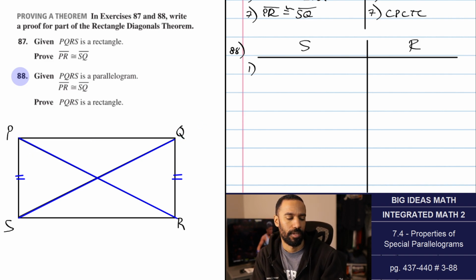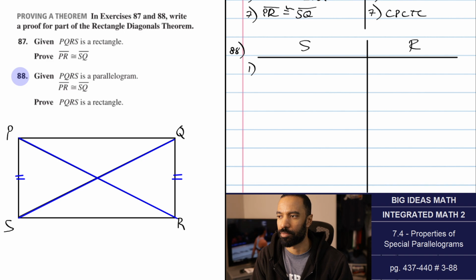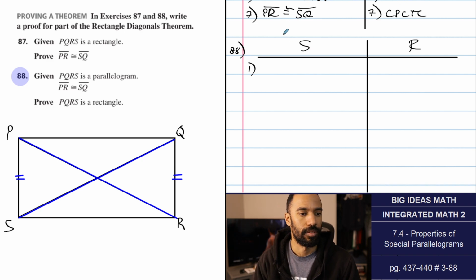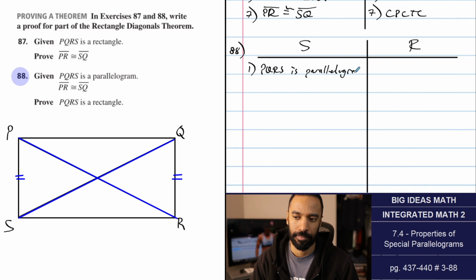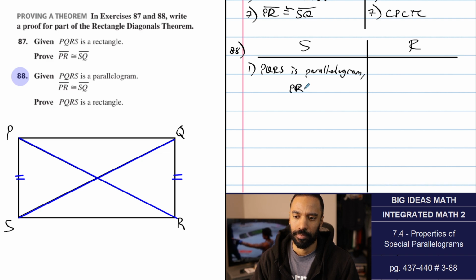Okay. So let's start with the givens. PQRS is a parallelogram. And PR is congruent to SQ.